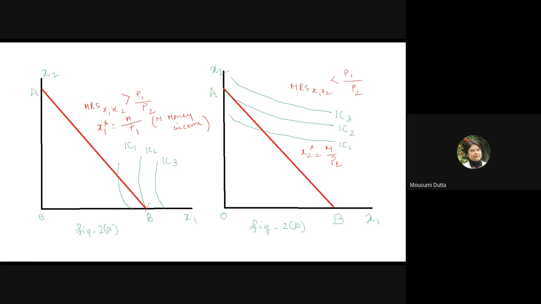It is a point of contact only. It is not at all a point of tangency between the indifference curve and the budget line. At equilibrium, the two curves are cutting each other. It's not a point of tangency.